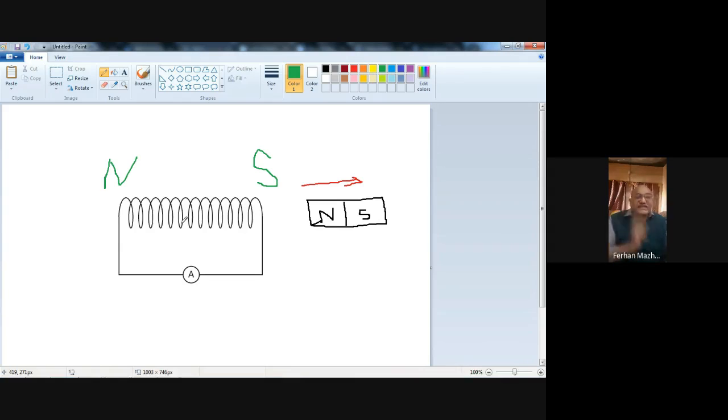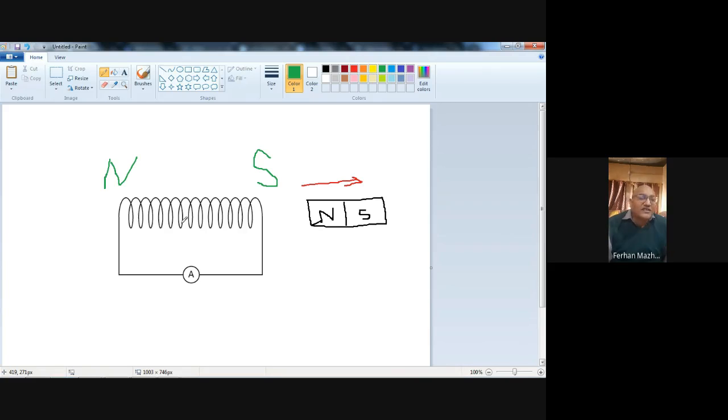Two things are happening. When the north pole is withdrawn from the right end of the solenoid, the current produced will be opposite to that produced in the first part, so the galvanometer will show deflection in the opposite direction.